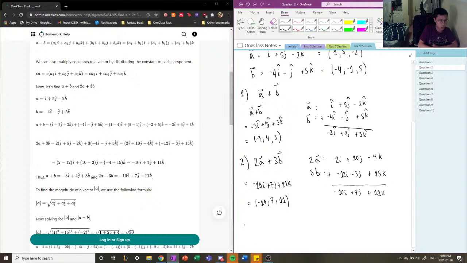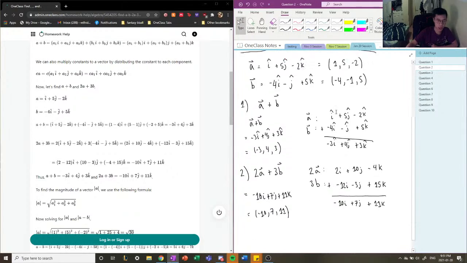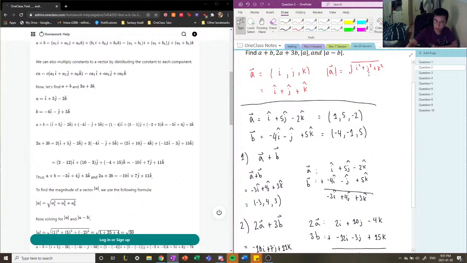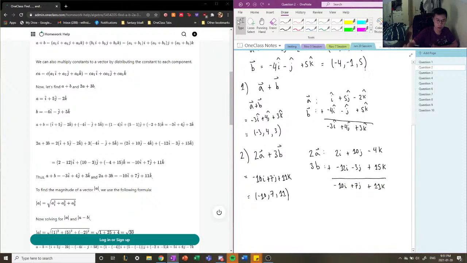Okay, cool. So now we're going to look at the magnitude of vector A, and like I said in our formula here, this is how you calculate the magnitude of any vector. So for calculating the magnitude of A, we have to calculate the square root of the squares of each component. So it's going to be 1 squared plus 5 squared plus negative 2 squared.